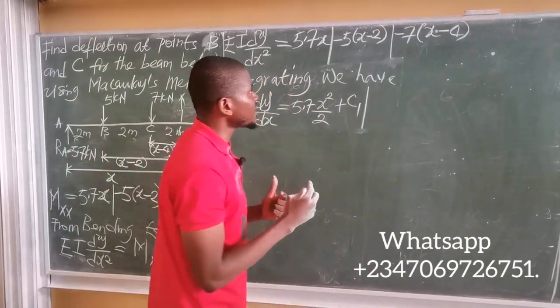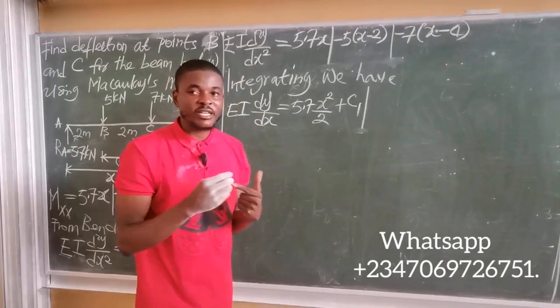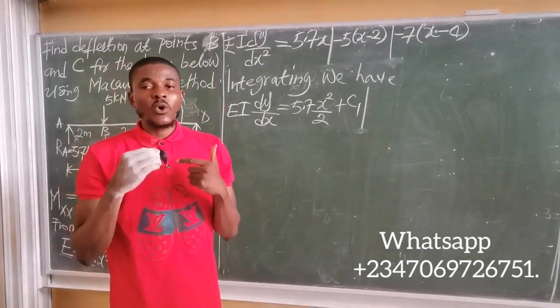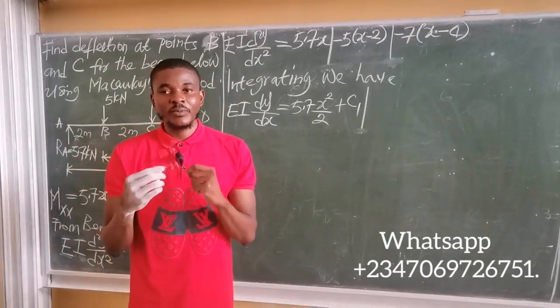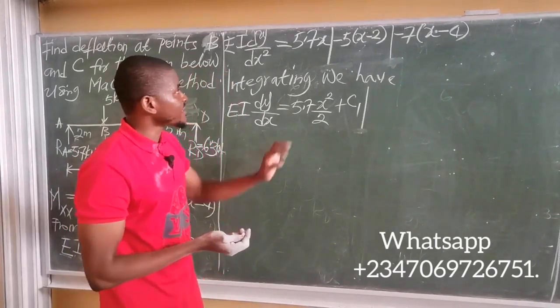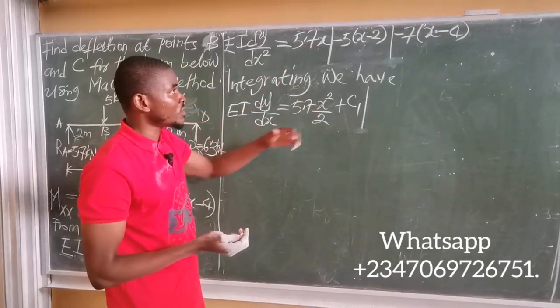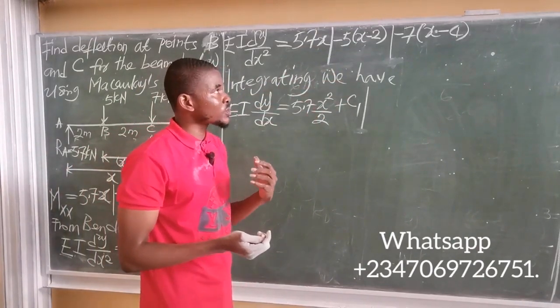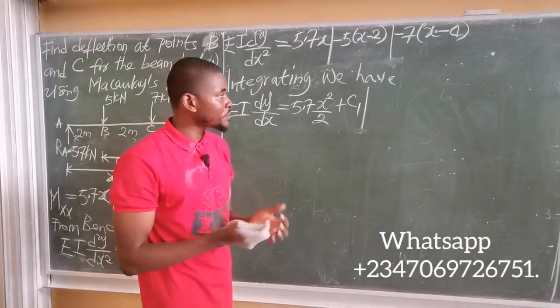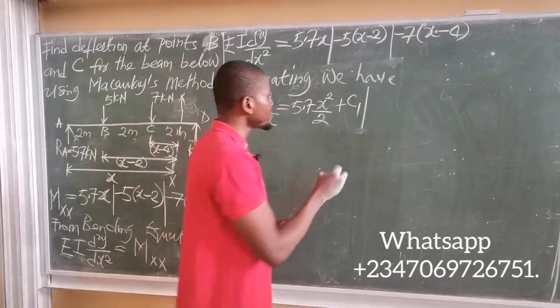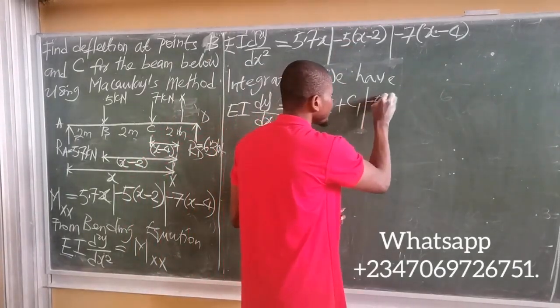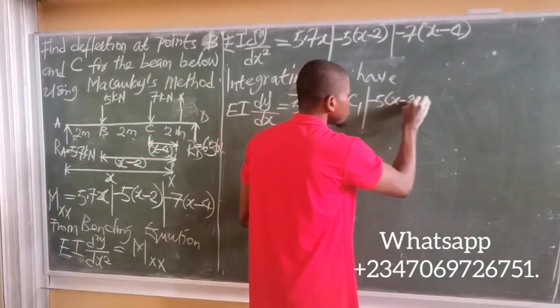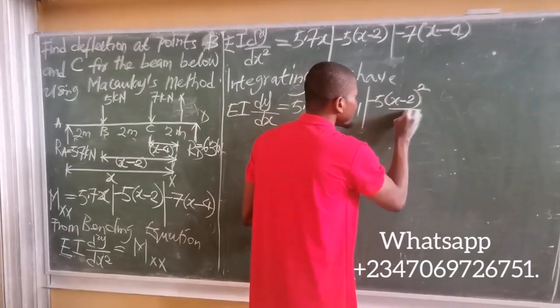I also said that if you're integrating the expression in the Macaulay's bracket, consider it as what? A single variable. The same way I integrated x here, just x, and I have x squared over 2, that is the same way I'm going to integrate x minus 2. I will see it as a single variable. So if I integrate x minus 2, I will simply have minus 5 into x minus 2 all squared all over 2.